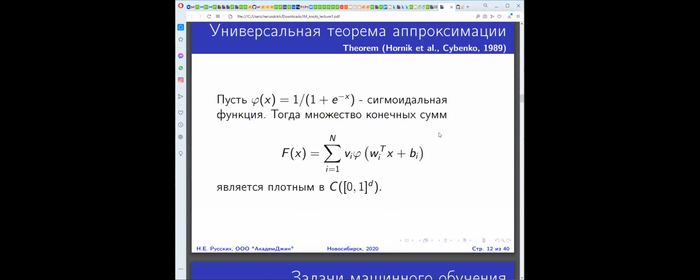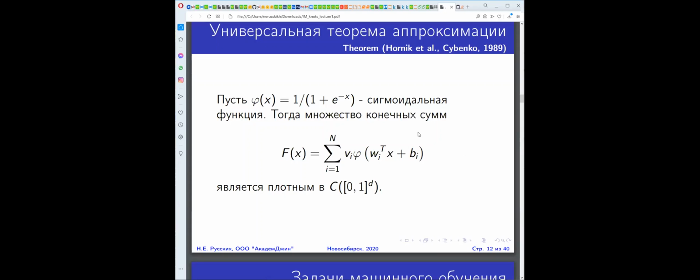Хорошо. Я немного сбился. So yeah, the theorem states that any function on d-dimensional cube can be approximated with not really deep neural network. But this theorem is not constructive, so it does not give appropriate values of v, w, and b.